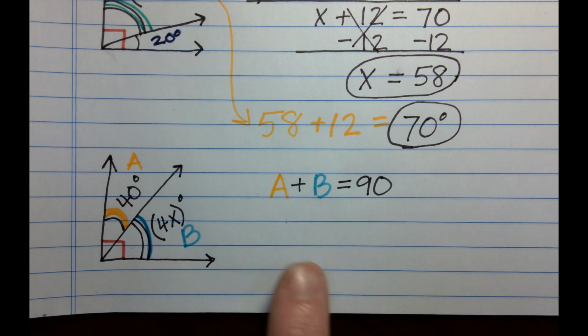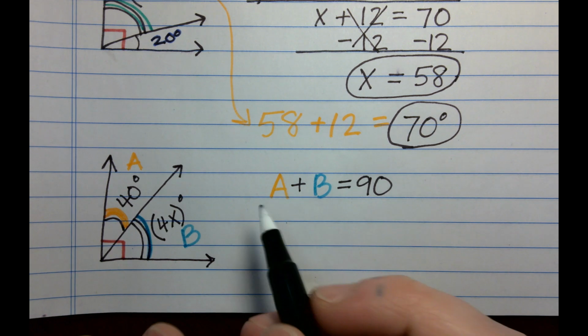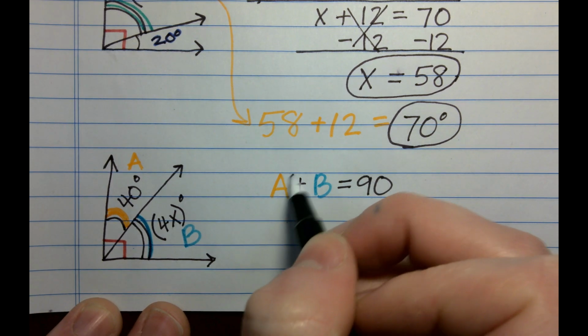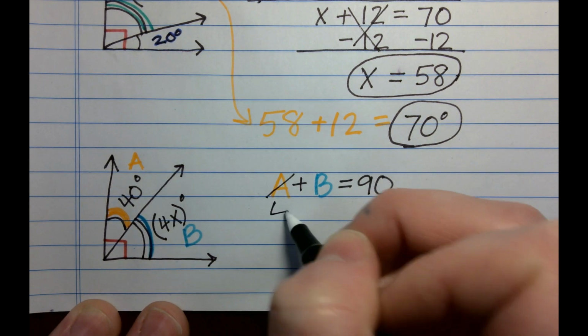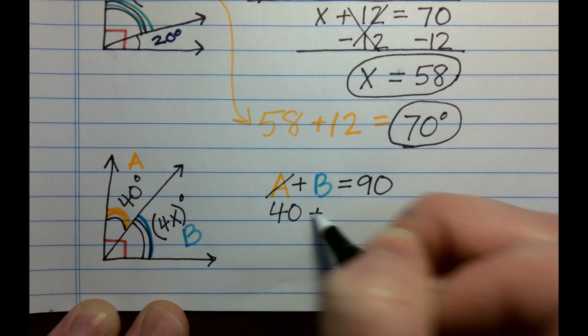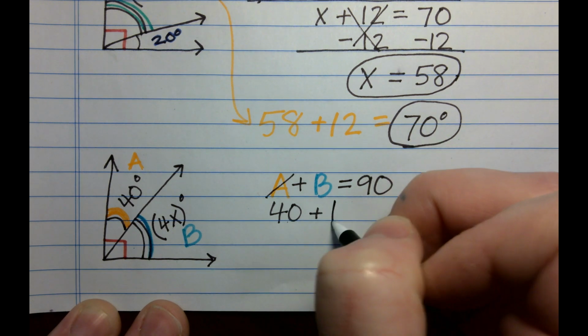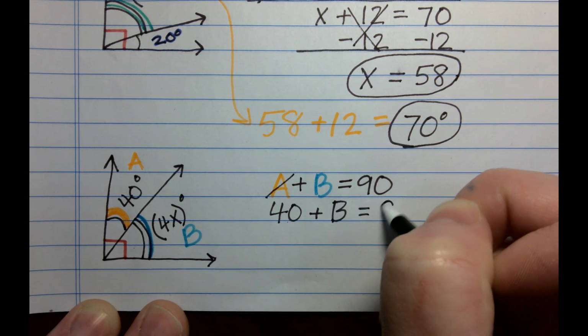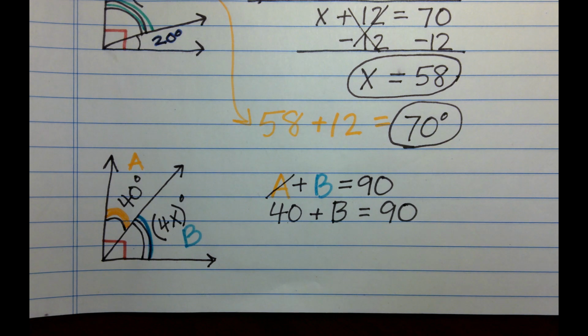Now already, do I know the value for either of these variables? A, okay, so I can replace A. Instead of A, I'm going to put 40 plus B equals 90. Now we don't know what B is. We know that B is 4x.